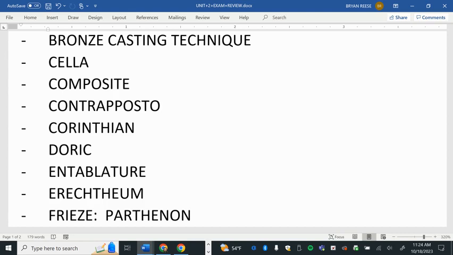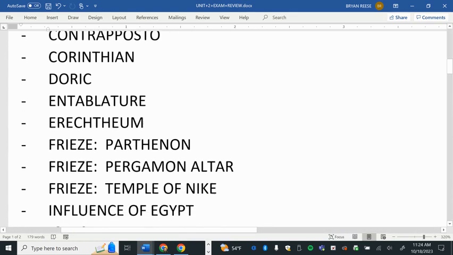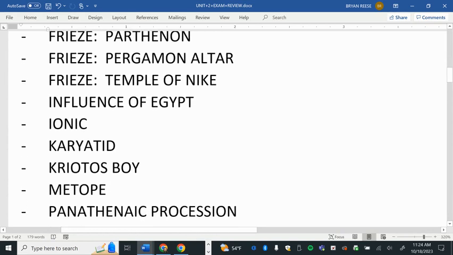On the inner column above that is one long relief sculpture. It looks like a rubber band. Somebody put a rubber band around the whole temple on the inside colonnade, and that's a frieze. And on that one, they had the Pan-Athenaic procession. That is the group of people walking to put the robe on the statue of Athena.